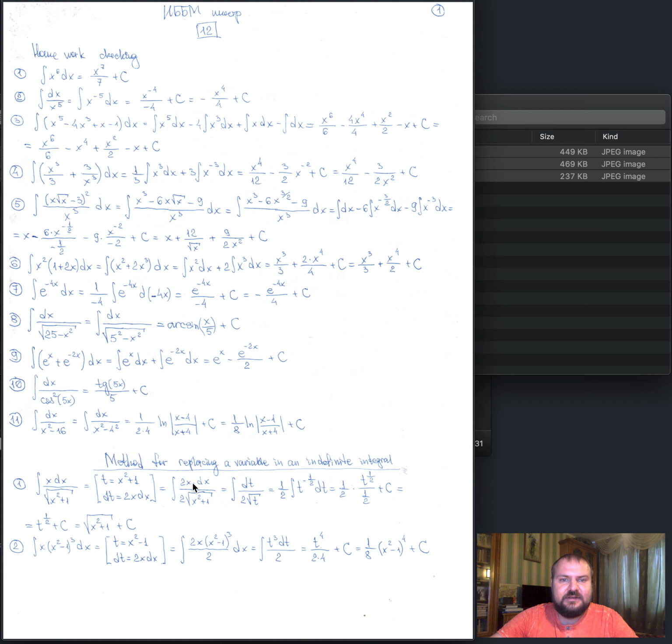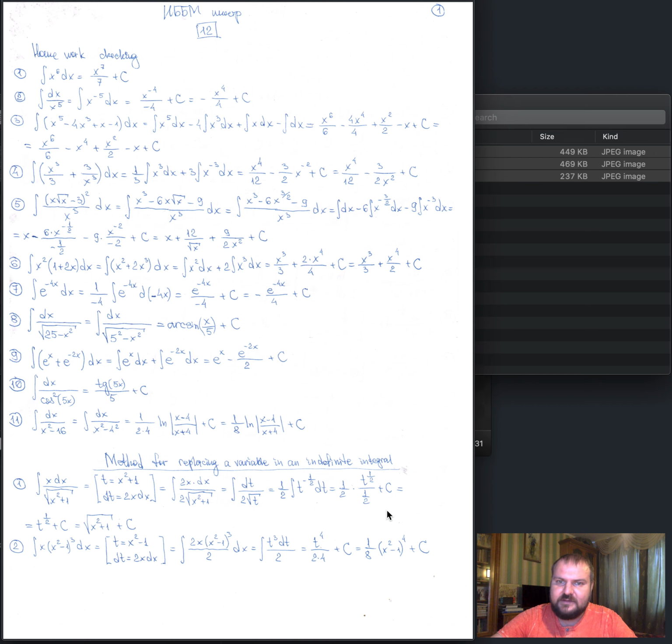So 2x dx would be of course dt, and the square root of x squared plus 1 would be the square root of t. So we rewrite this integral as 1 by 2, integral of t to the power minus 1 half dt.